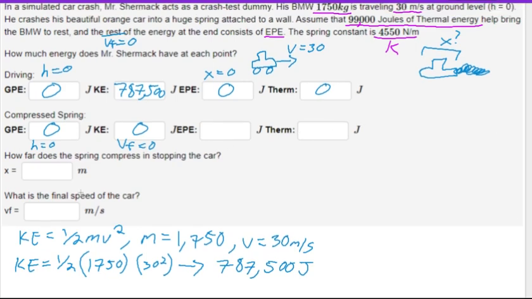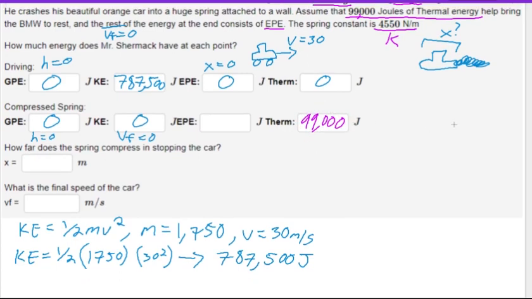It tells us that he loses 99,000 joules of energy to thermal, and then some energy is left over to EPE. So this is where that total is going to come into play, because our total energy that we started with was 787,500 joules, and that should be the same that we end with.